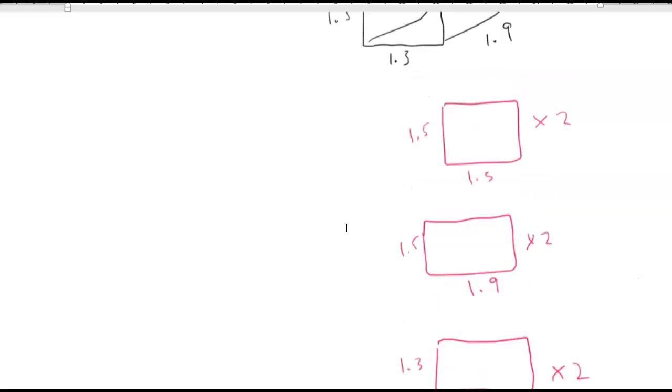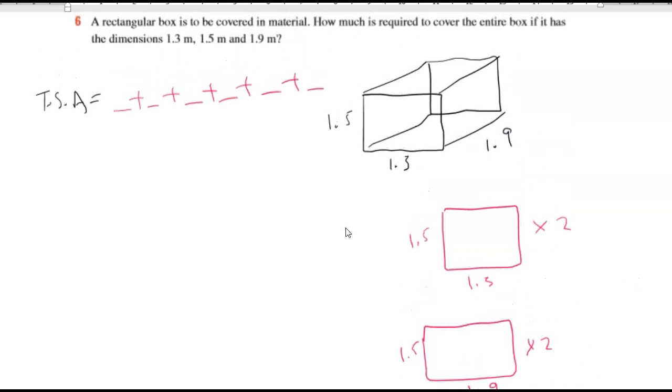All right, so with our calculation, I'm not going to write in all the formulas because the area of a rectangle is length times width. You can do that here, so 1.5 times 1.3, but just remember you will have to know how to show your working out.